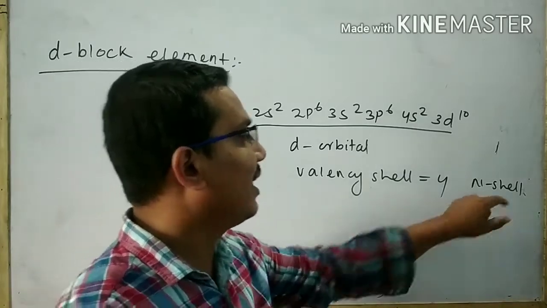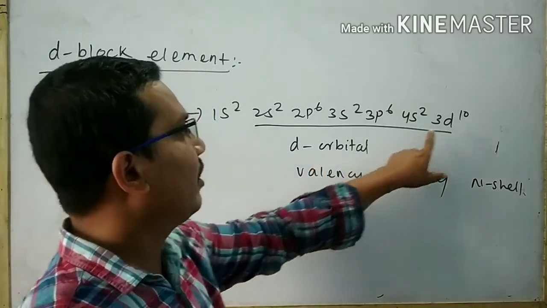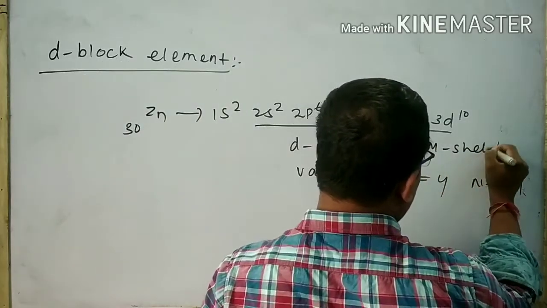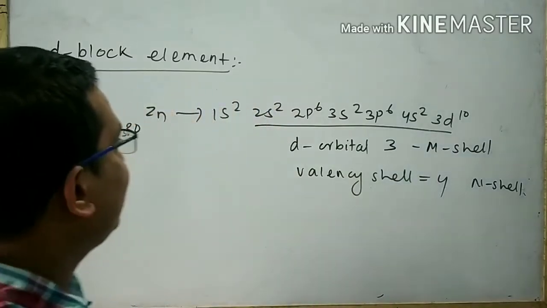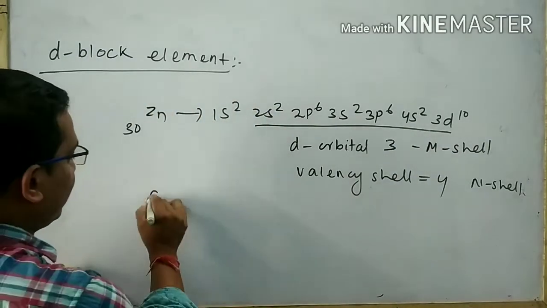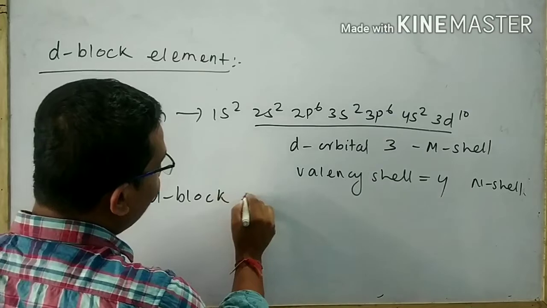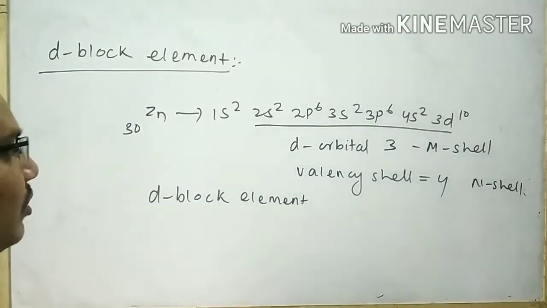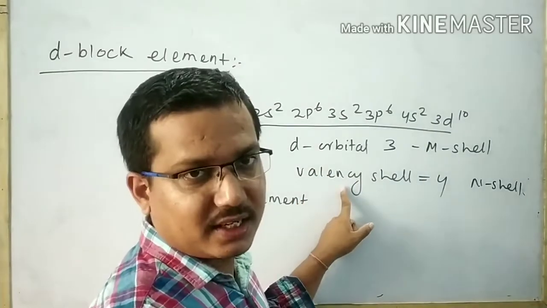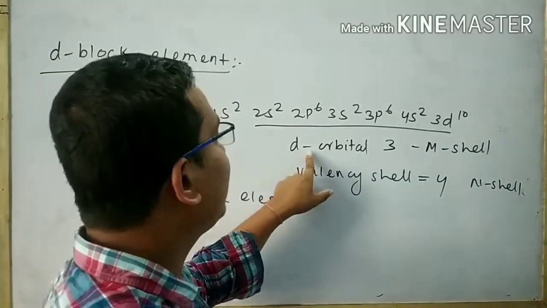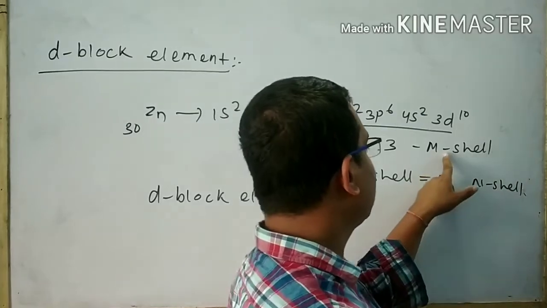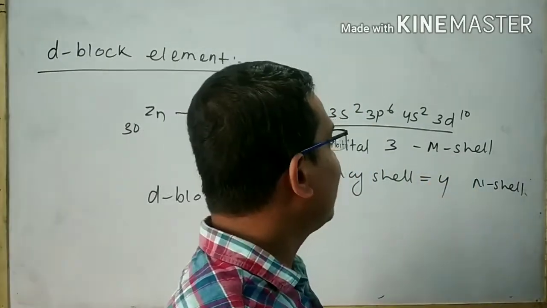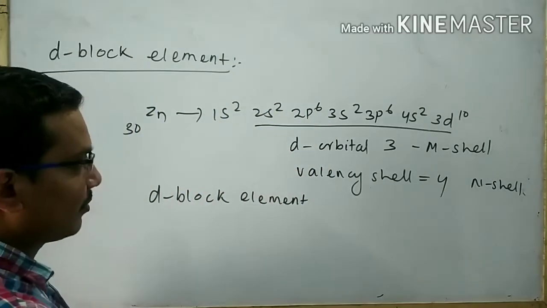Here the valence cell is the N cell, but the d orbital belongs to the 3rd cell, that is the M cell. So, for writing the definition of d block element, we cannot write the element in which the last electron goes to the d orbital of the valency cell, because the d orbital belongs to the M cell and the M cell is not the valence cell. Here the N cell is the valency cell.